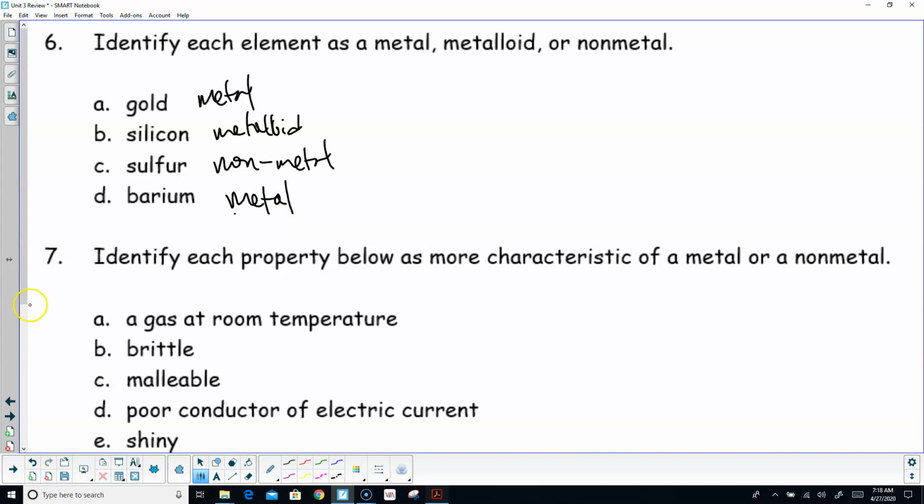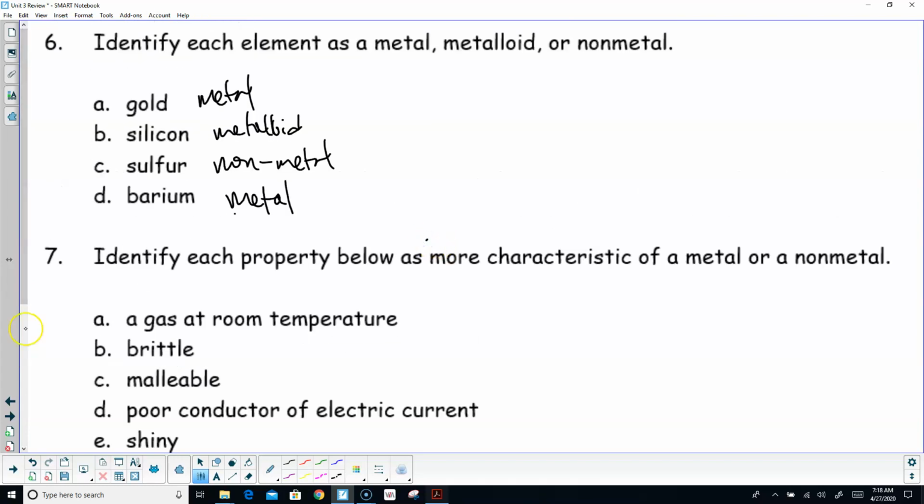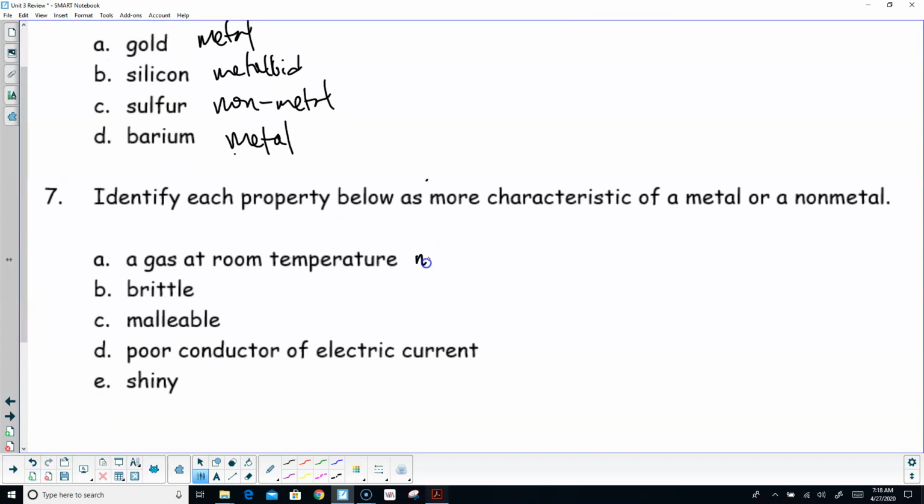Looking at properties of metals and nonmetals, a gas at room temperature is generally going to be a non-metal. Brittle, which means you hit it with a hammer and it fractures, is also non-metal. Malleable, which means bendy, or you can shape it, is a metal.